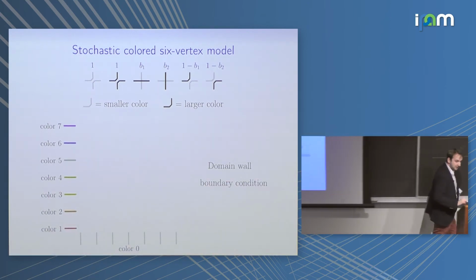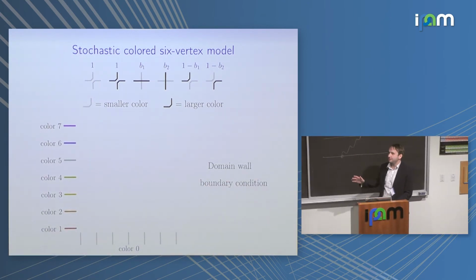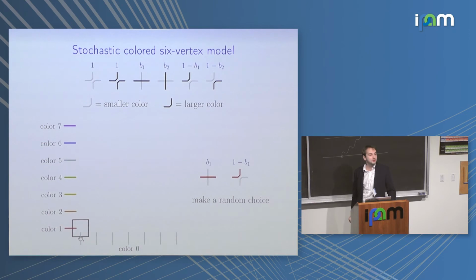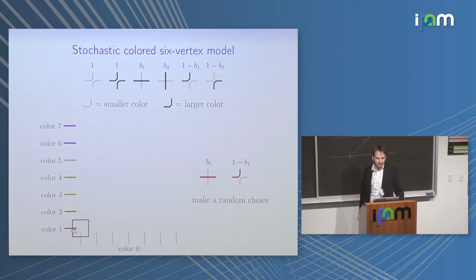In this picture, you start sampling your configuration sequentially from this corner and going in that direction. Suppose first you want to sample the corner. What are the possible choices here? In principle, there are only two choices, because either the red can proceed horizontally or the red can turn up.